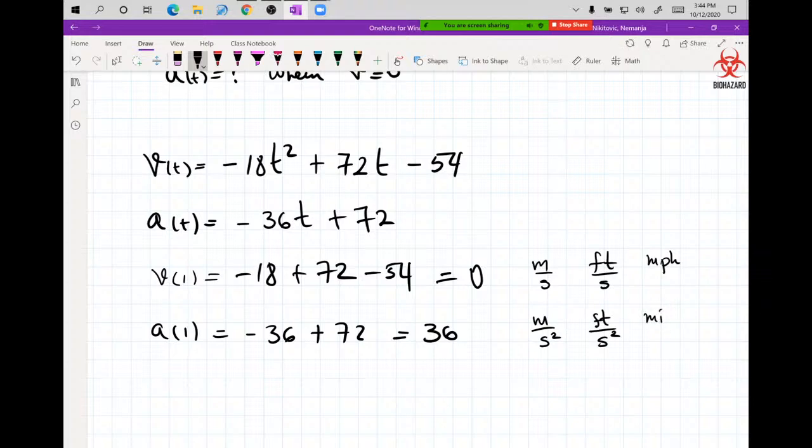And this would be miles per hour squared, which is something that you don't use in everyday talk. But miles per hour you pretty much use all the time. And if you go anywhere else in the world, it's going to be kilometers per hour, the way they like to write it, which is kilometers per hour squared.